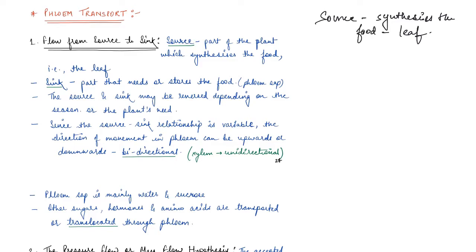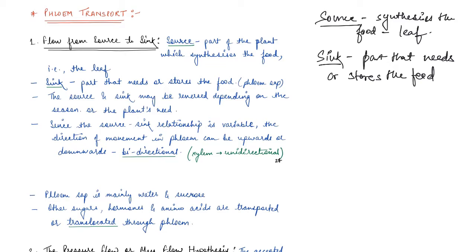And what is the sink? Sink is the part that needs or that has to store the food. So the part that has requirement of food or that is going to store the food is sink, right?